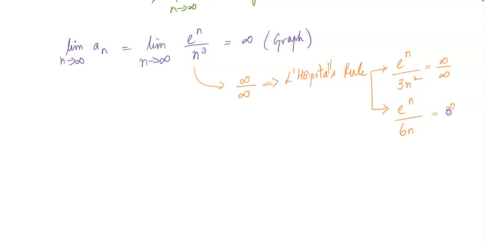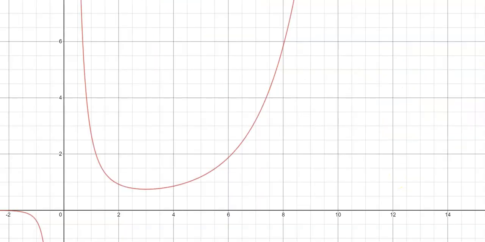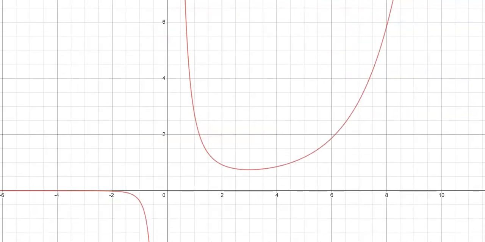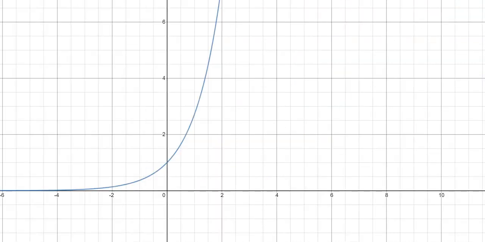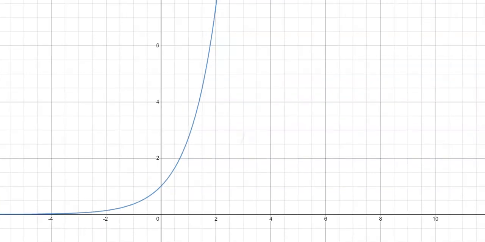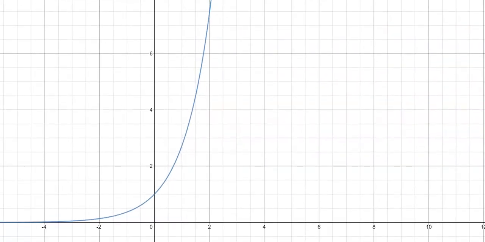Again, you apply the limit, it gives you infinity over infinity. Apply L'Hopital's rule for the third time. You get e power n over 6. And when you apply the limit, e power n is going to be infinity, over 6. Again, how do I know e power n is infinity? Because e power x, think of the graph for e power x. Let me show you that here. e power x looks very much like your regular exponential function, and you can see that as x approaches infinity, e power x approaches infinity, right?